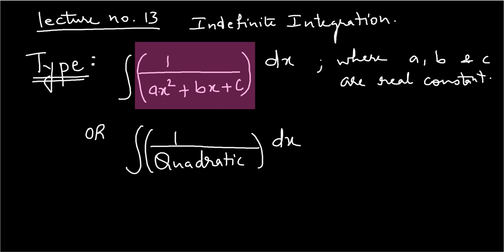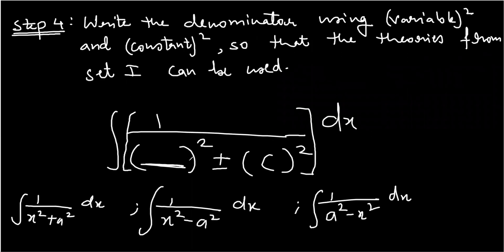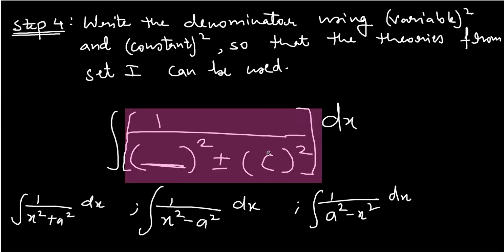So what am I doing? All these steps are being used and I'm transforming it to a form where I can apply the results. The basic steps of integration are never changed.